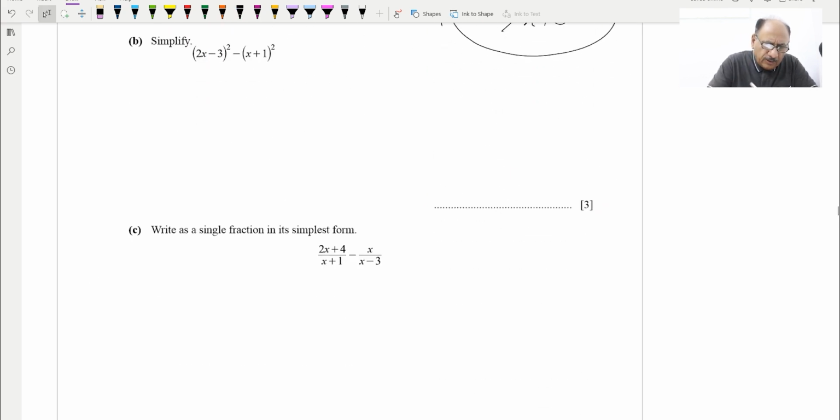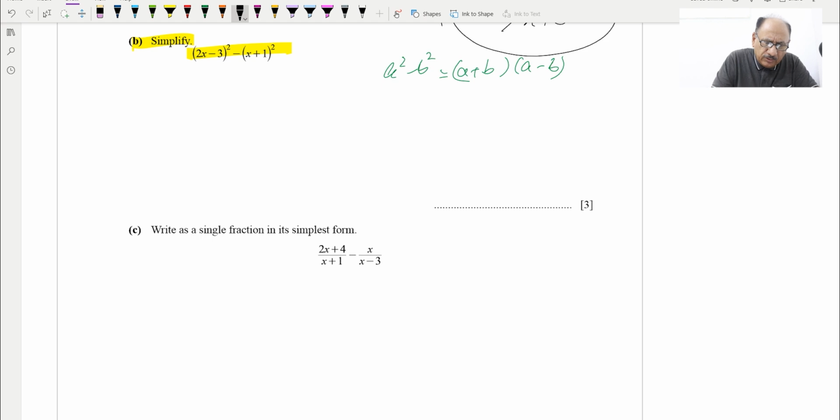Now for the B part, it says simplify this one. So we can simplify easily using a square minus b square, the same formula which we just used, a square minus b square is equal to a plus b into a minus b.